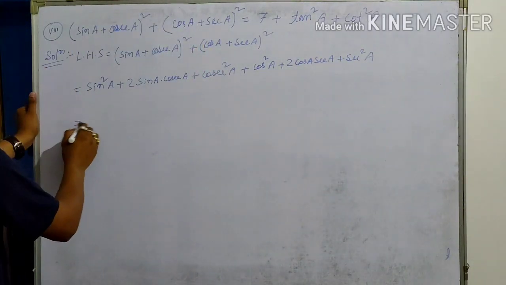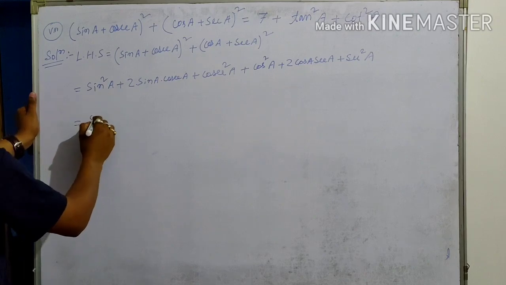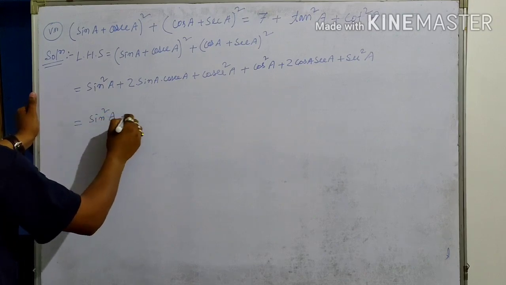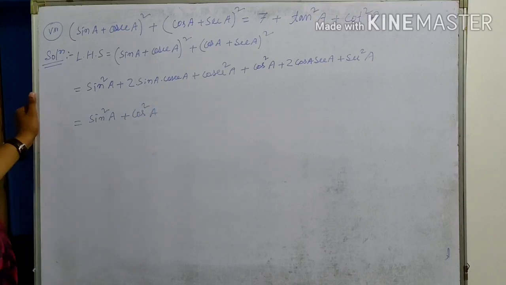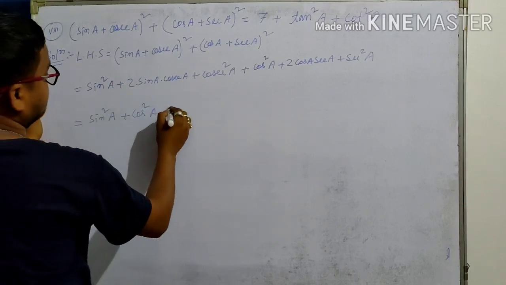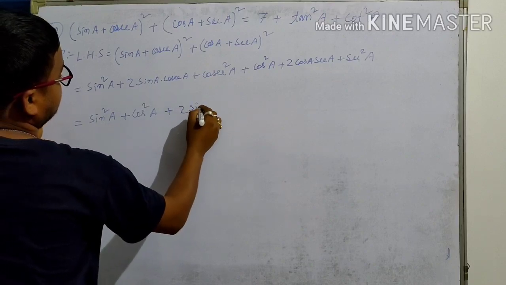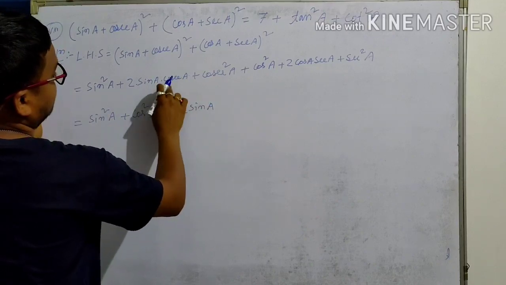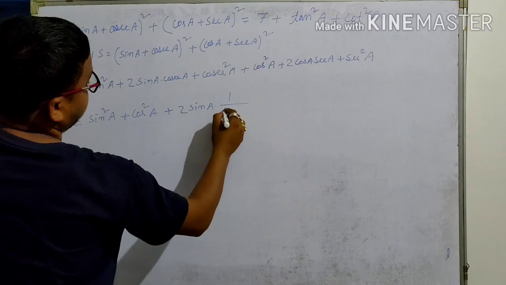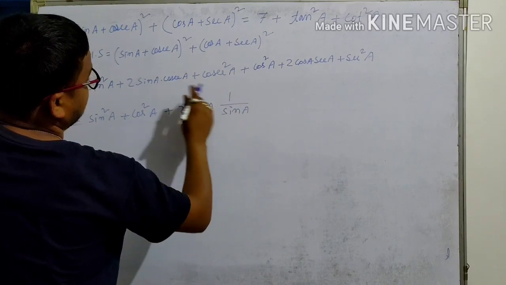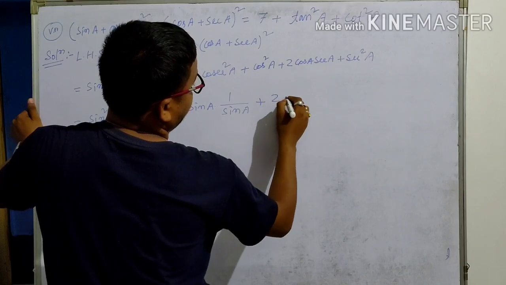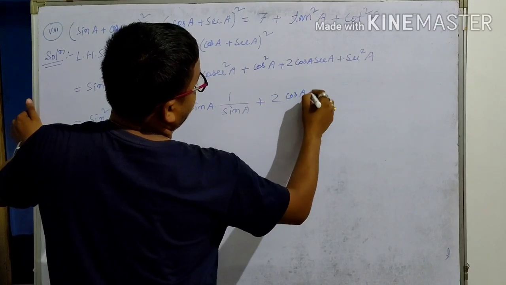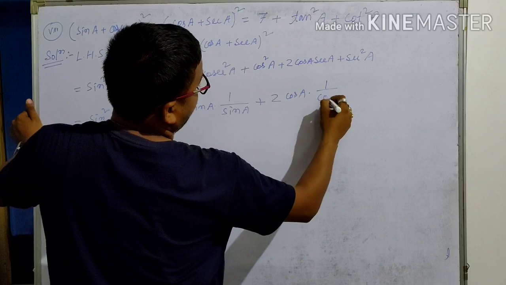Okay. So now you see sin square a and cos square a you write together, because we get 1 from this. Now you write 2 into sin a, and you can convert cosec in terms of sin, that is cosec a is equal to 1 by sin a. And this term, 2 into cos a, you can write sec a in terms of cos a.